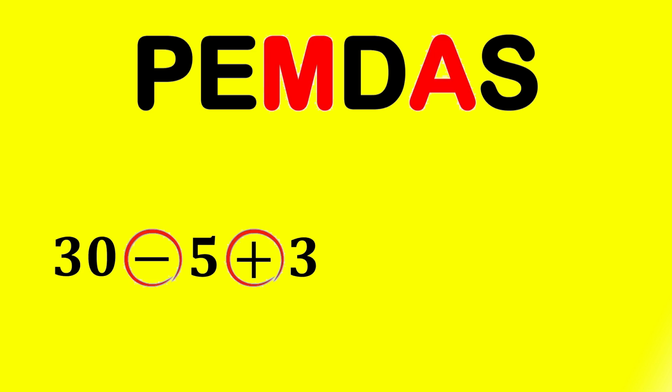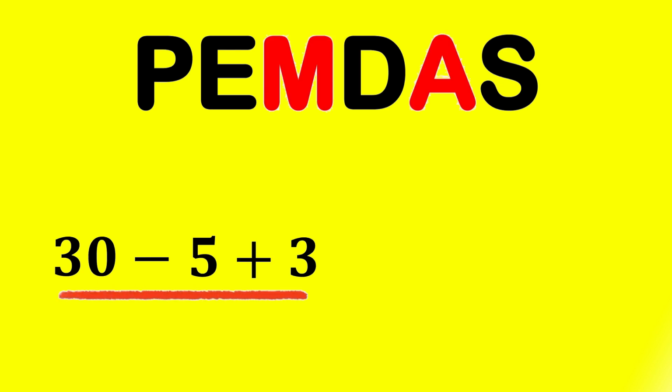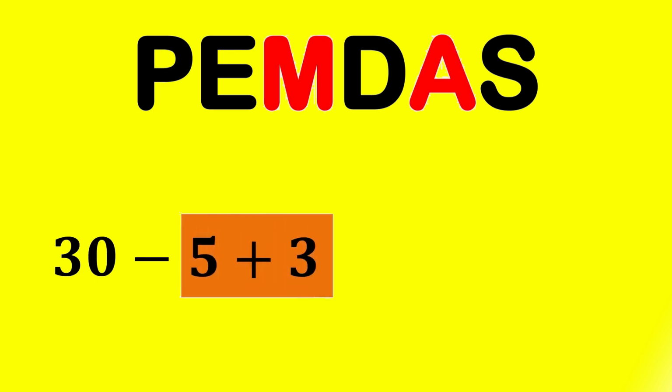Finally, the last step is addition and subtraction. Just like before, they are equals. You don't always add before you subtract. Again, you move from left to right and solve as you go. For example, take this one, 30 minus 5 plus 3. If you add 5 plus 3 first, you get 8, and then 30 minus 8 equals 22. But that's not how the rule works.